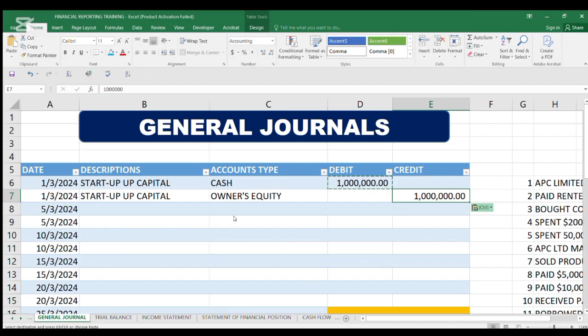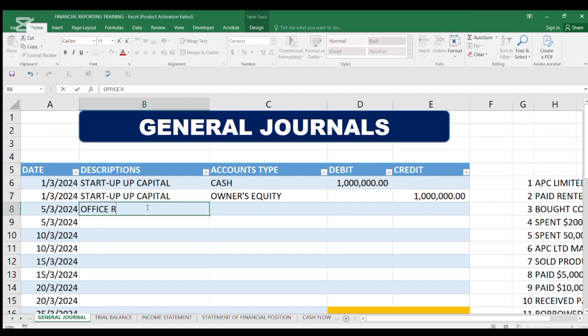All right. So what we are going to do is type the description, office rent. In this analysis, I would like to focus on one particular pattern: one account must be credited.